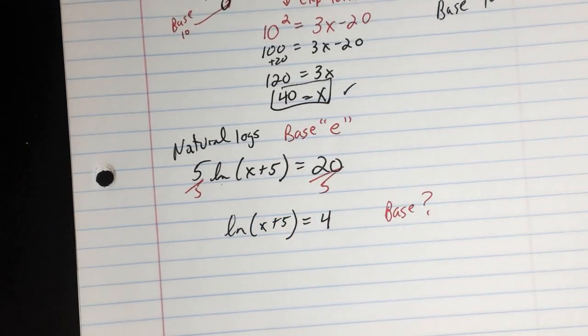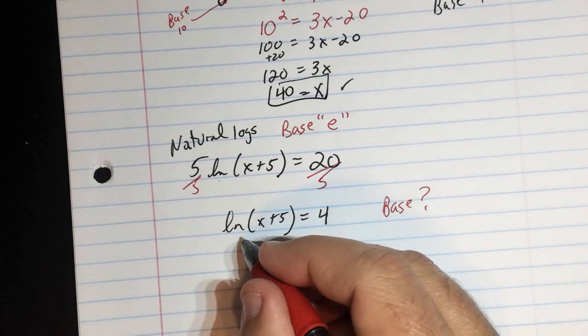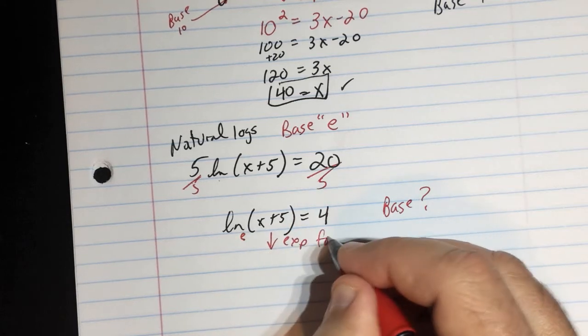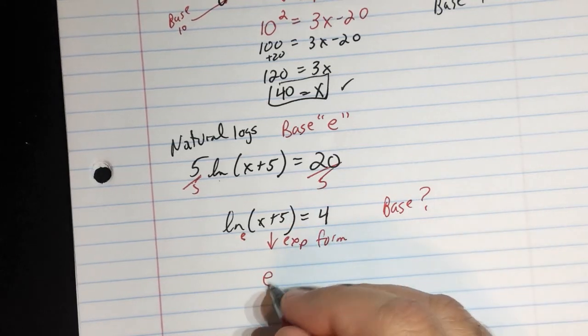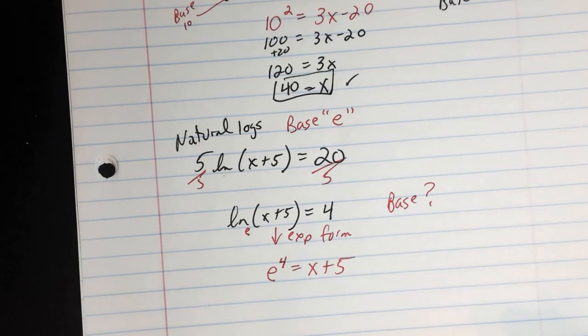Now, a lot of you don't have calculators, and we're going to make this to where you don't even need a calculator, because I know this is base e. So when I change this to exponent form, it's going to be e to the 4th is equal to x plus 5. Now, e to the 4th is a weird number.